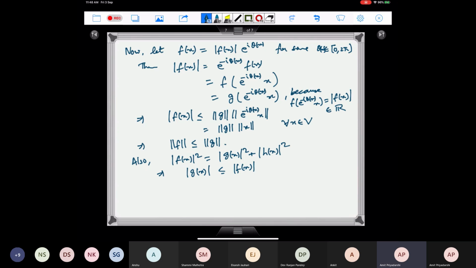Or simply, this is just the real part of this complex number f x. So the mod of the real part of any complex number is less than or equal to mod of z. So this is true for every x. And mod f x is less than or equal to norm f times norm x. So this implies norm of g is also less than or equal to norm f. So therefore, norm f is the same as norm of g.